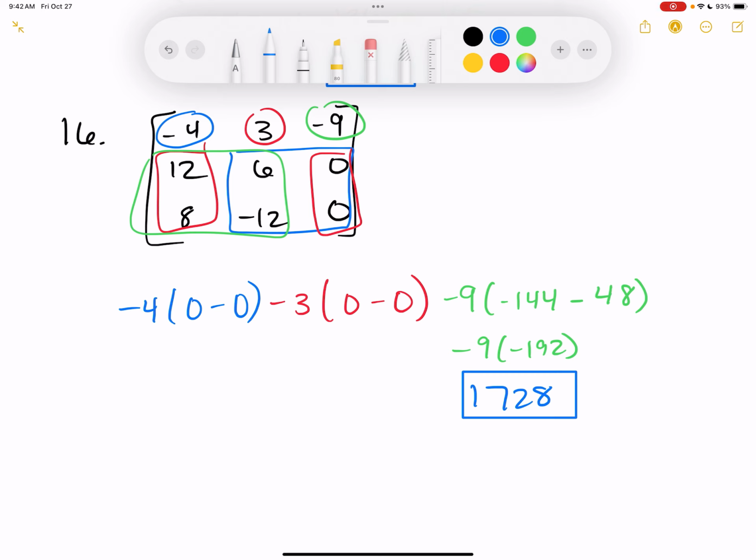So when you're done, go ahead and put that into matrix A as a 3x3 matrix, and then I'll show you what to do from there.